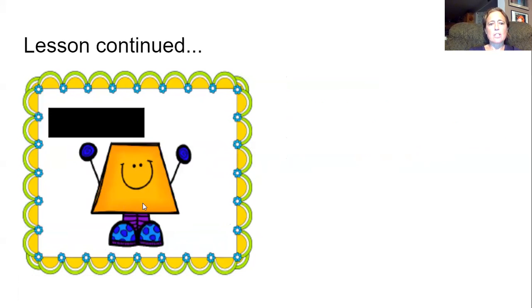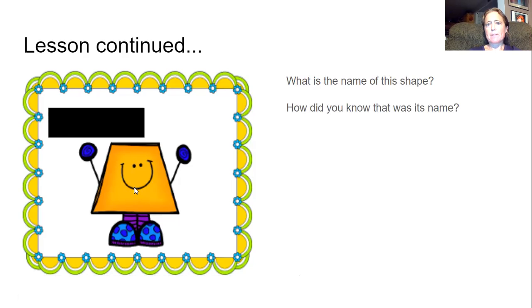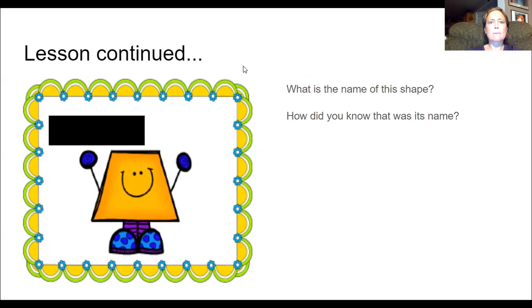Okay, so take a look at this shape. Do we know the name of it? Think about it for a minute. This shape is called a trapezoid, okay? So how do we know it's a trapezoid? Let's think about that. It definitely has 4 sides, okay? It also has 4 angles, okay?